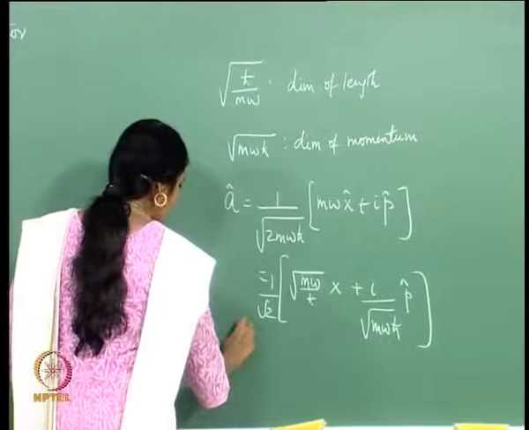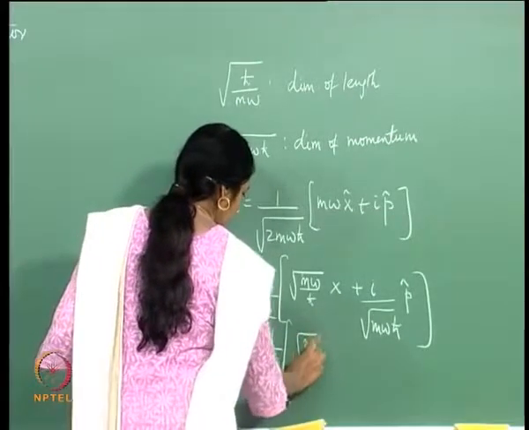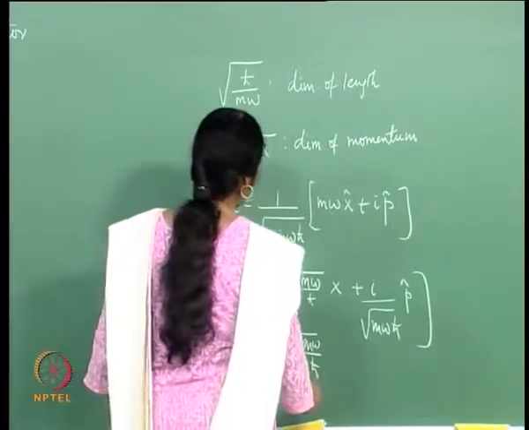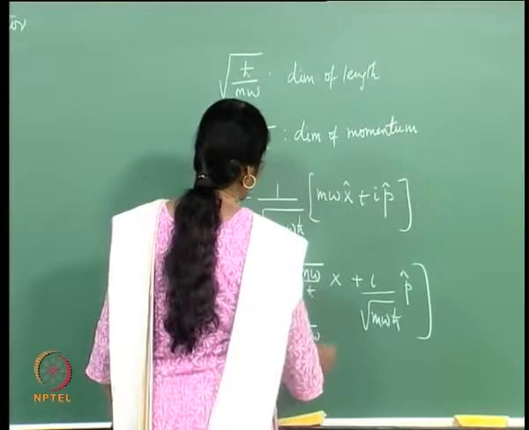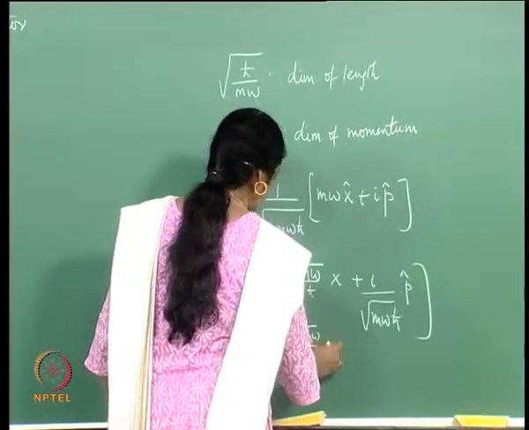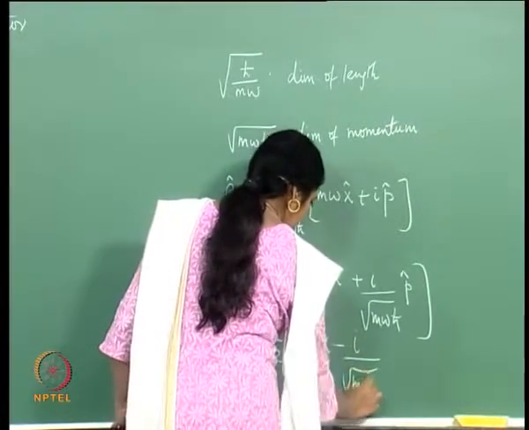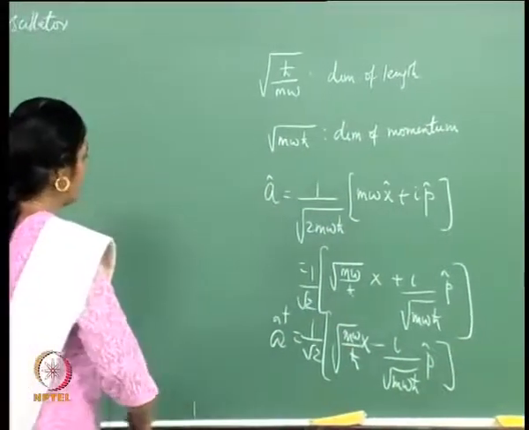A dagger is its Hermitian conjugate. So, this is what I have.